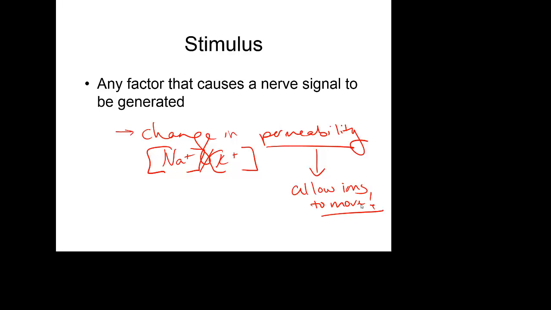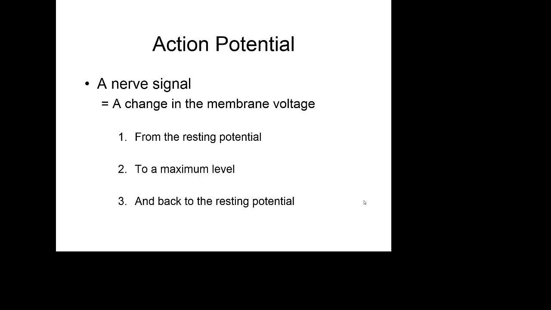And if you allow the sodium and potassium ions to move, what we see in the long run is something known as an action potential. So we're going to go from that rest, that basic state, to some maximum level and then come back to rest. The basic action potential, if you literally measured the voltage, looks like this. So you have rest, you have some maximum level, and you have a return to rest. This is an action potential.